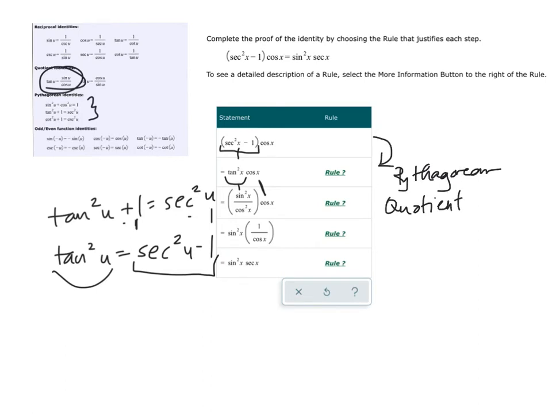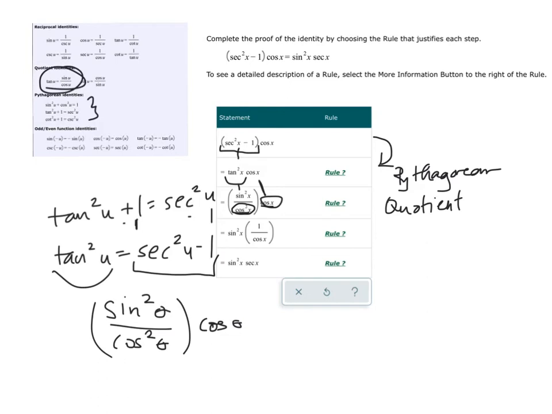So now if we look, we see that this cosine on the bottom is not there, and this cosine is written differently. Well, what happened was sine squared, cosine squared. This cosine squared basically means we're multiplying this thing twice.